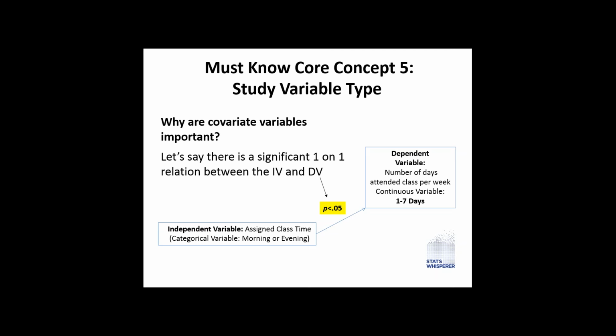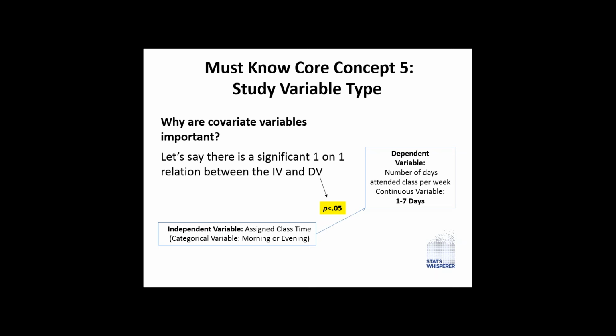It's a little notation we'll discuss later. So we find at this bivariate level between the two variables a statistically significant relationship. So that's good. If we walk away now, we believe that class attendance is a function of being assigned morning or evening classes. So if we walk away, that's what we believe.